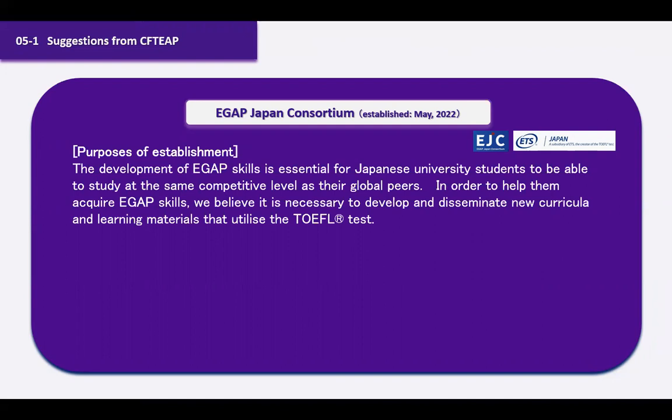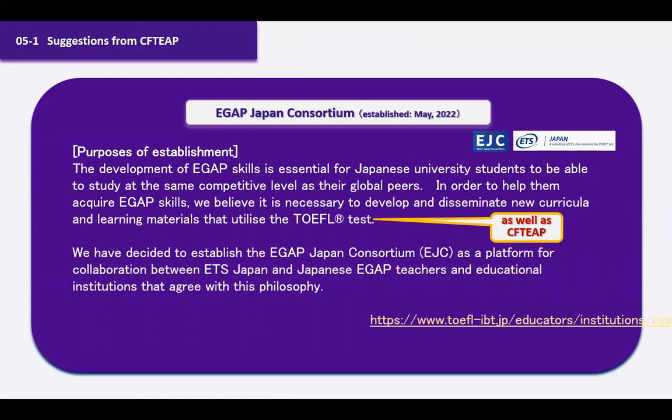The development of EGAP skills is essential for Japanese university students to be able to study at the same competitive level as their global peers. To help them acquire EGAP skills, we believe it is necessary to develop and disseminate new curricula and learning materials that utilize the TOEFL test, as well as CFTEAP, of course.